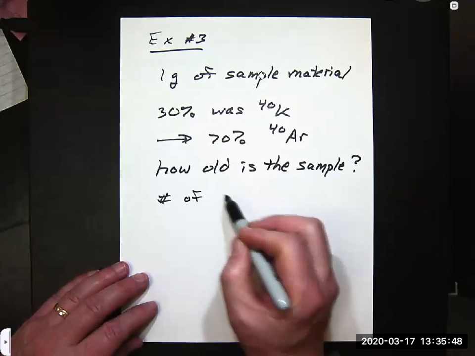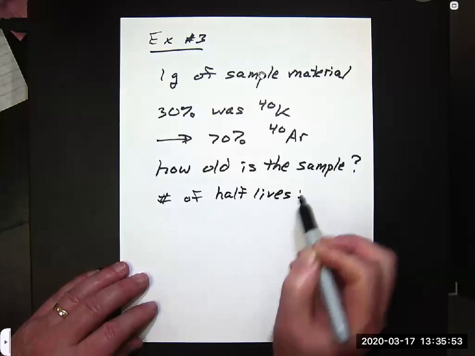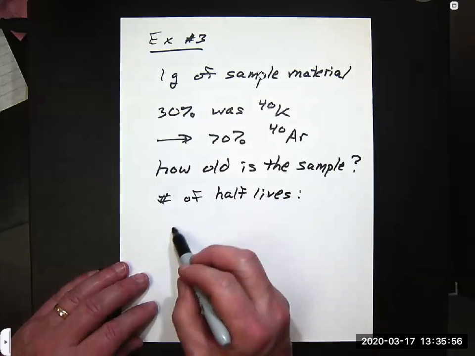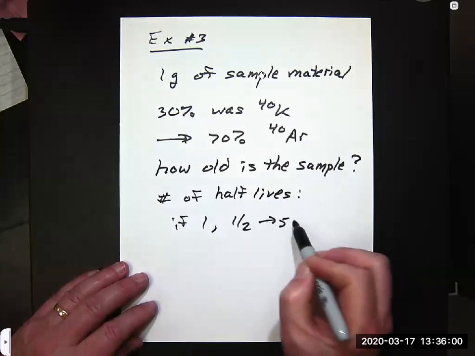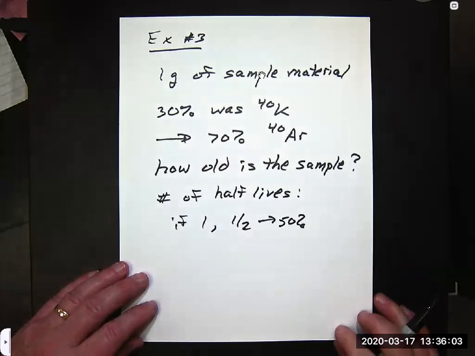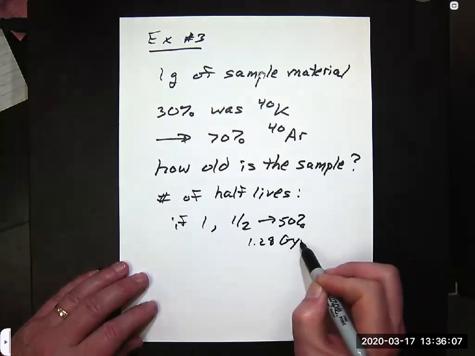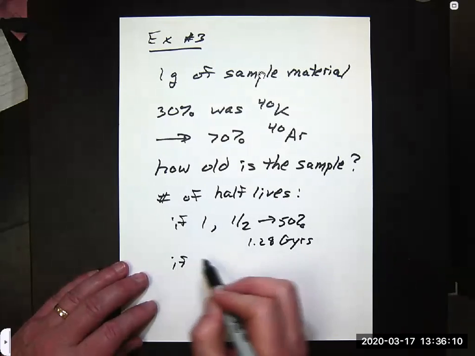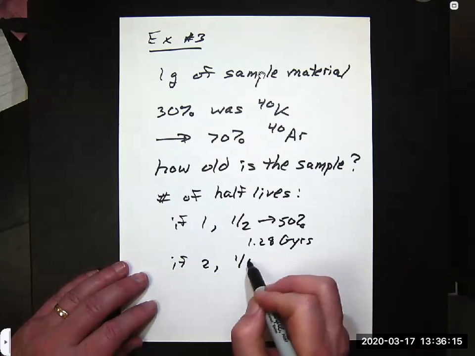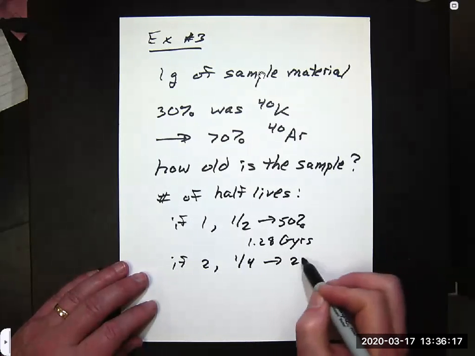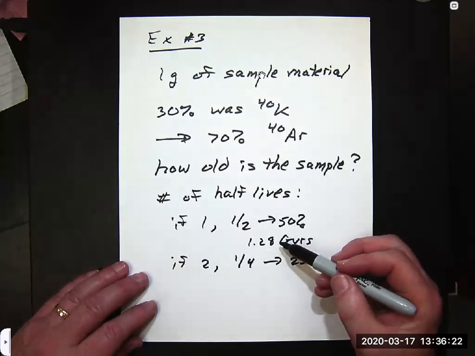How many half-lives have passed? Well, if it were 1 half-life, okay, then we would have half the material, or 50%. And that would be 1.28 billion years or gigayears. If it were 2 half-lives, we would have 1/2 of 1/2, which is a quarter, or 25%. And the amount of time that would have passed is twice the 1.28.